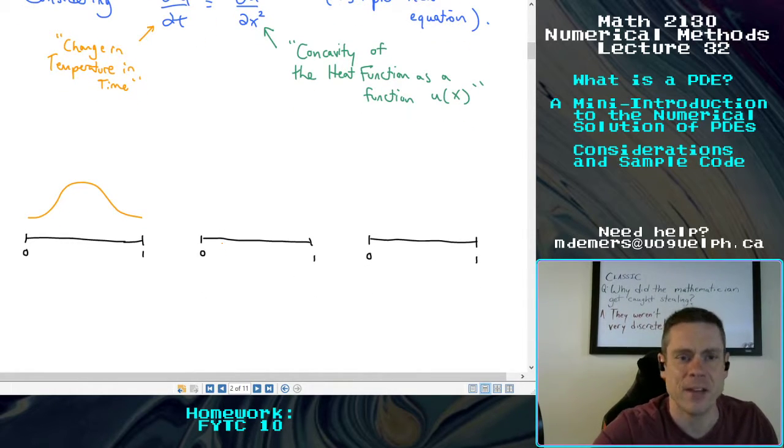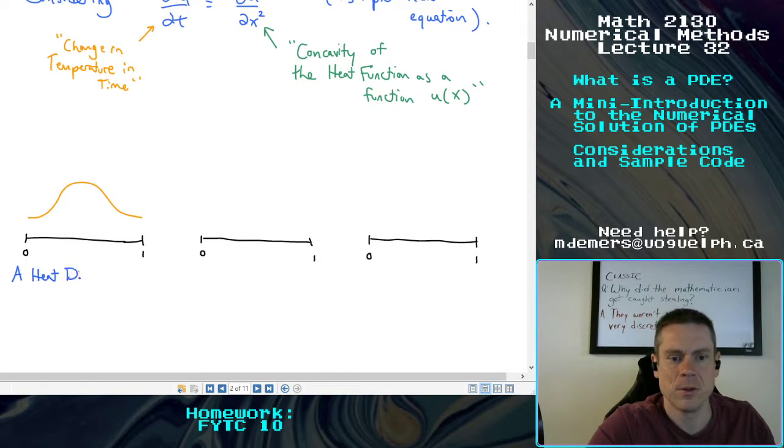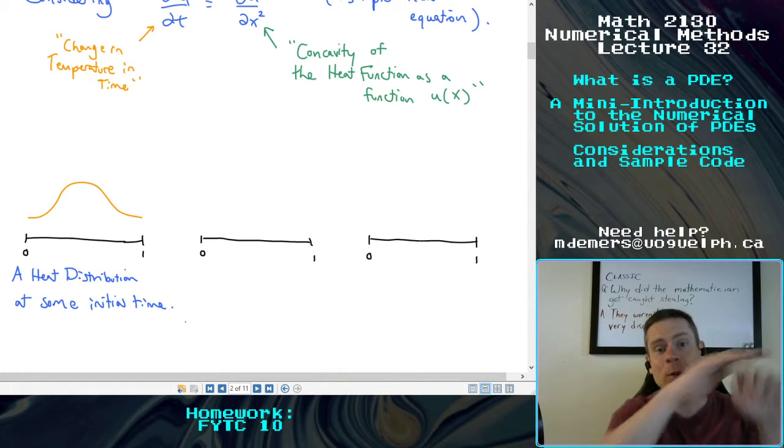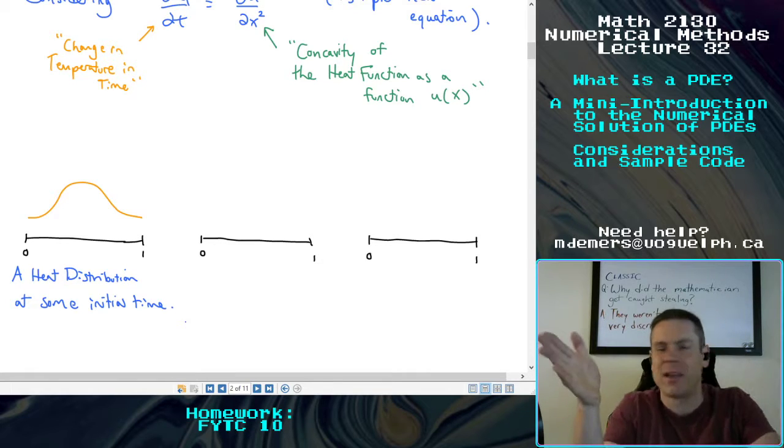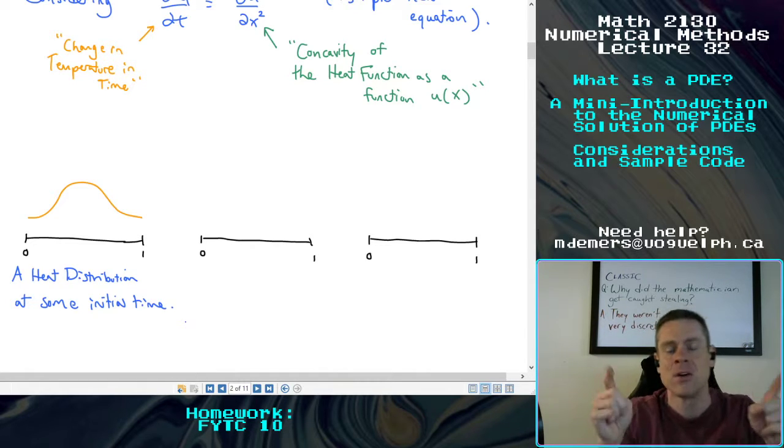So I'm going to write this down, and I want to describe what's going on here. So this is a heat distribution at some initial time. So imagine that this graph is like the snapshot of the temperature profile of some 1D, we'd say, metal rod or something like that, okay?